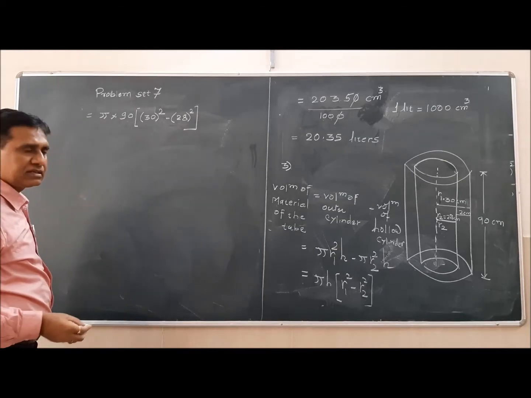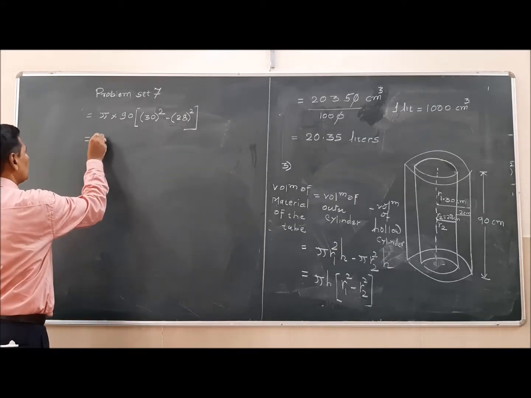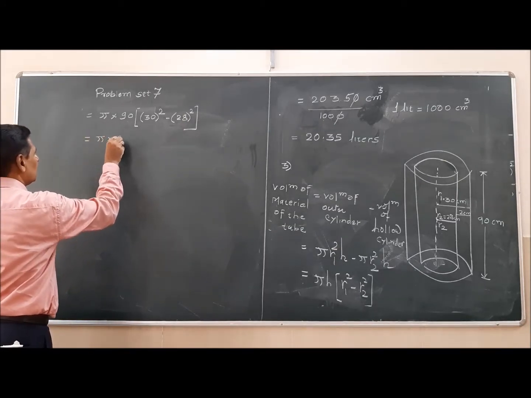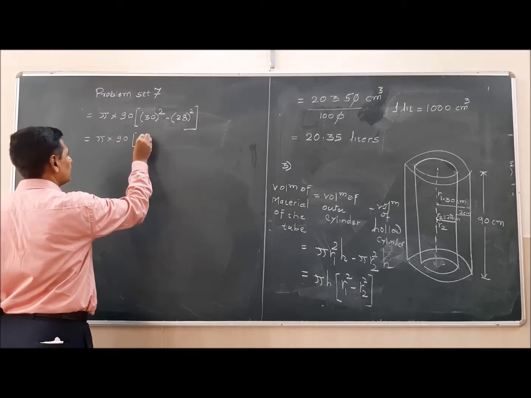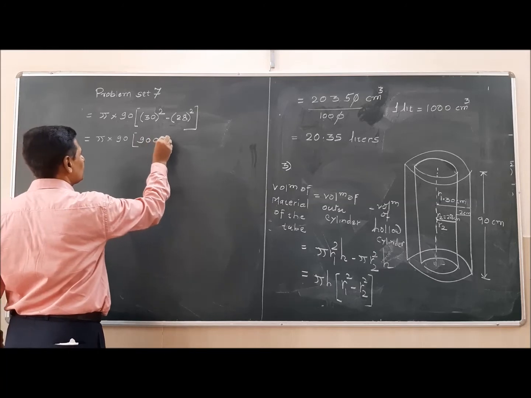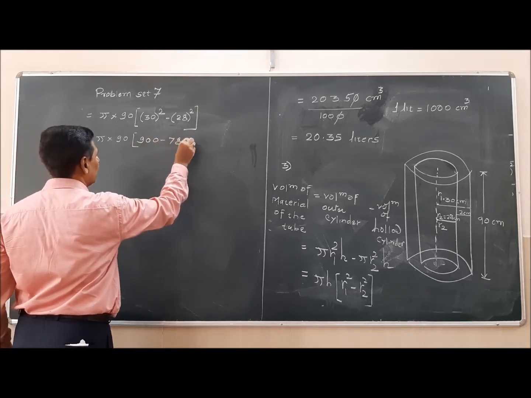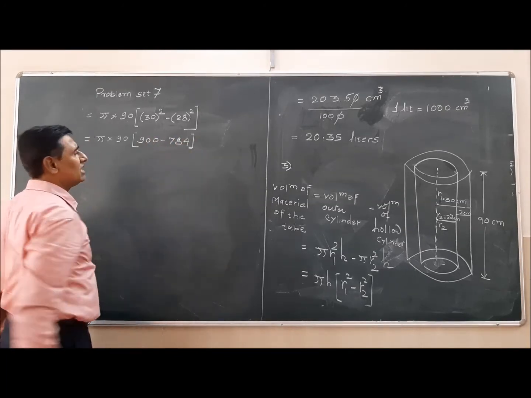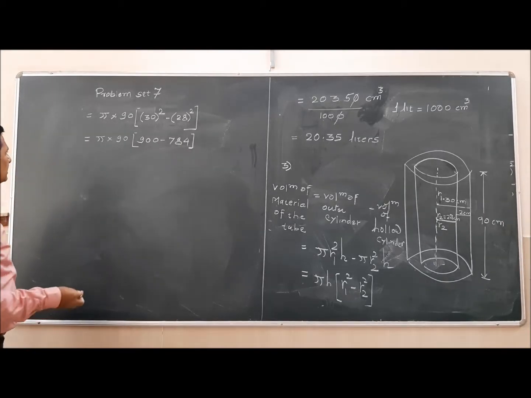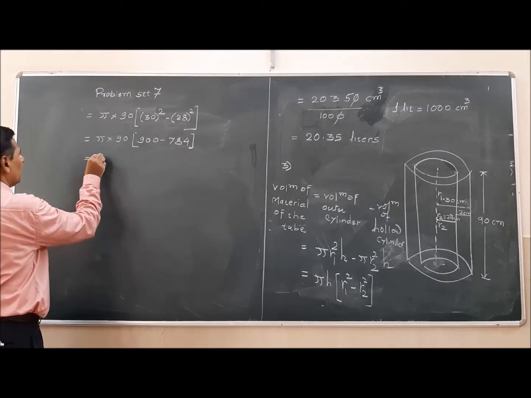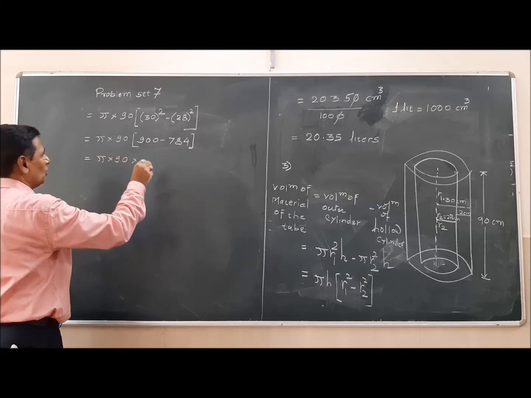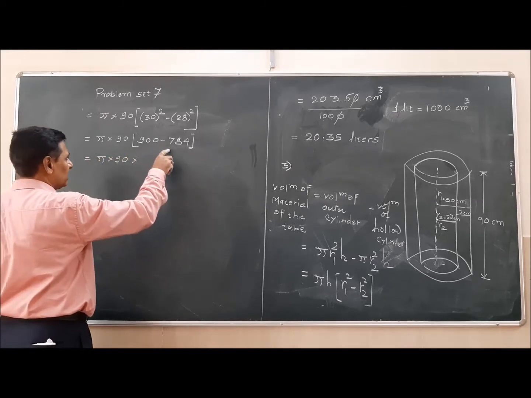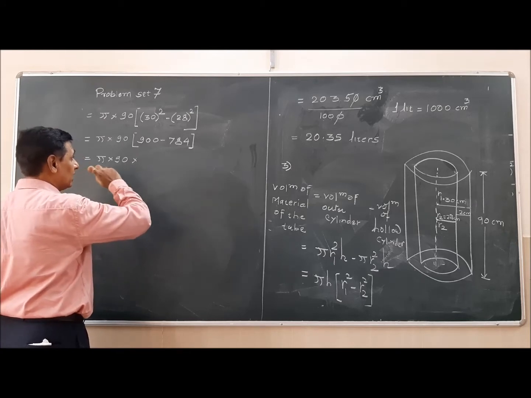Now let's calculate it. Pi into 90 into 30 square. You all know 30 square is 900 minus 28 square is 784. Now the next step is pi into 90 into, now here I am going to subtract 784 from 900.